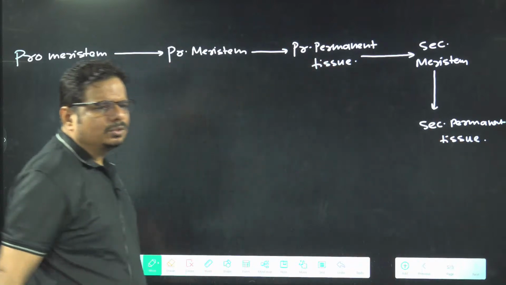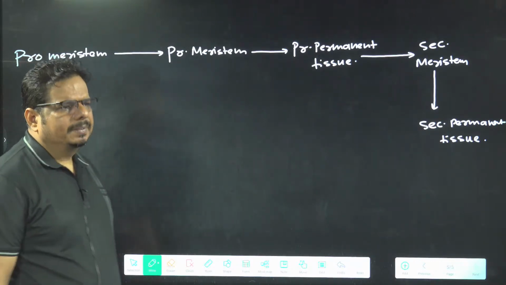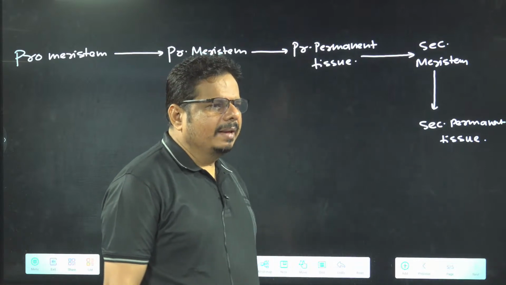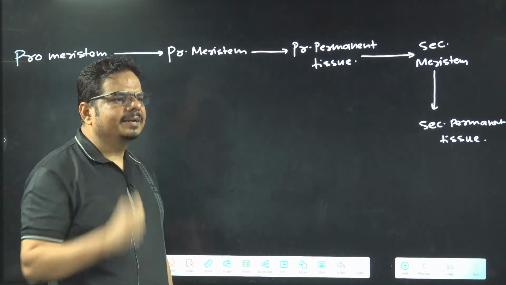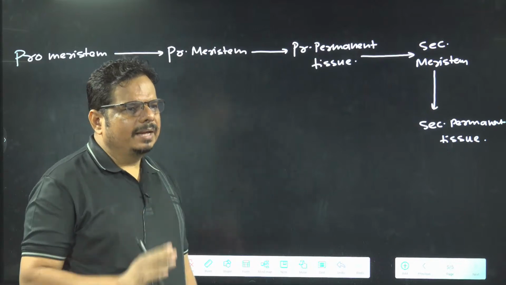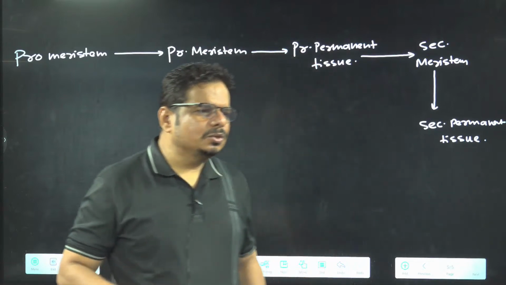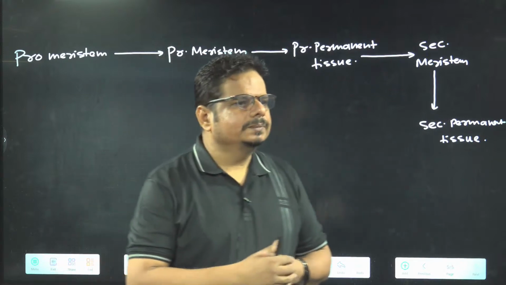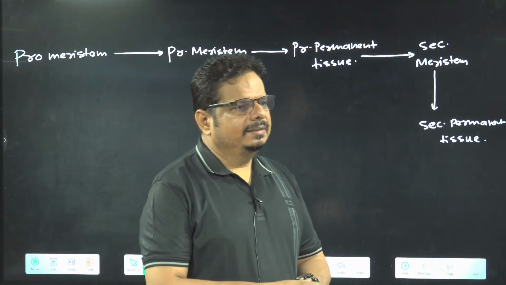So this is the sequence of origin. Primary meristem is formed from promeristem. Examiner asks such kind of question. Primary meristem gives rise to, not secondary meristem, but primary permanent tissue. When primary permanent tissue gets the capacity of division, it is converted into secondary meristem, right?